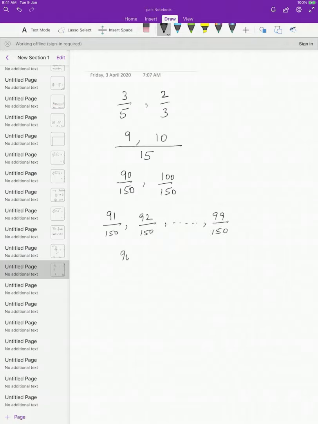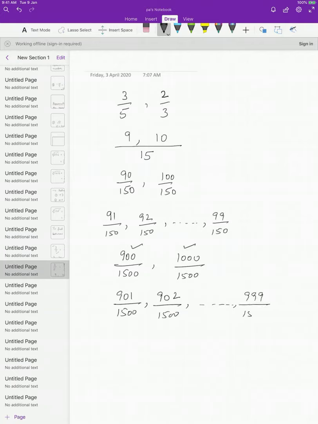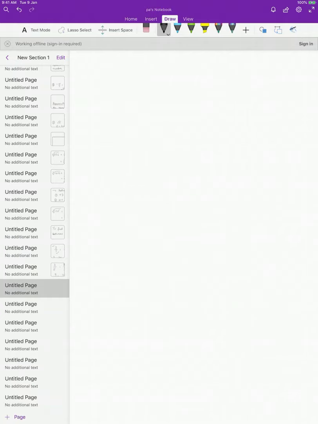Further, if you want to increase the gap, you can make it 900 upon 1500 and 1000 upon 1500. So now the gap is again increased from 900 to 1000. I can write so many numbers: 901 upon 1500, 902 upon 1500, and so on, say up to 999 upon 1500. So this is how we find out rational numbers between two given rational numbers.